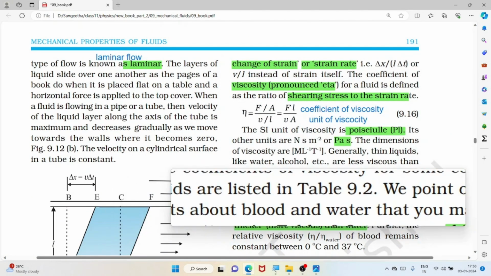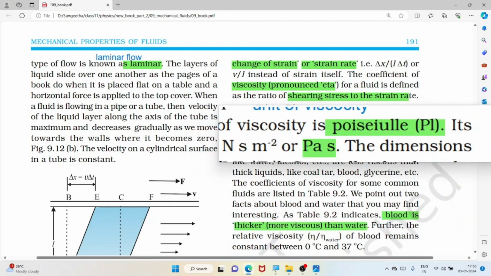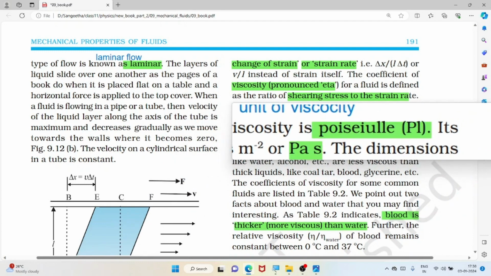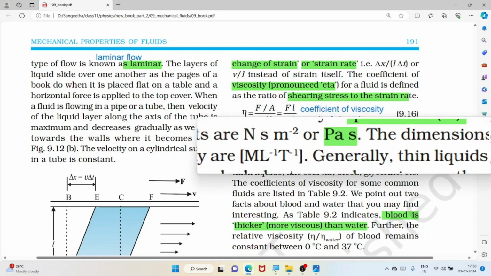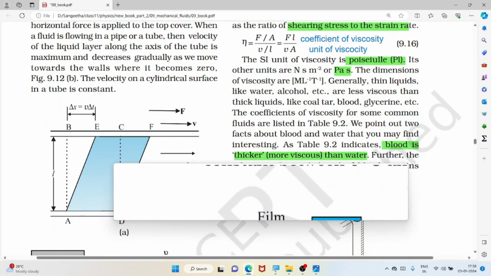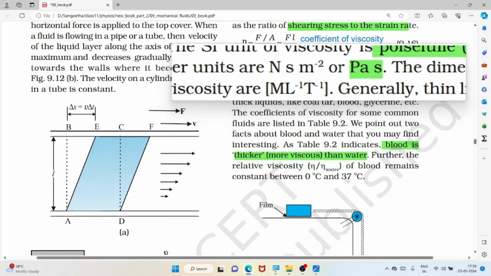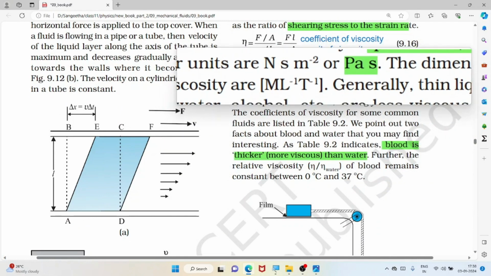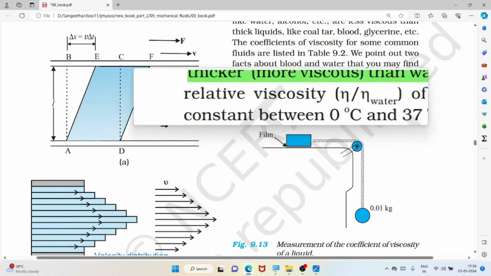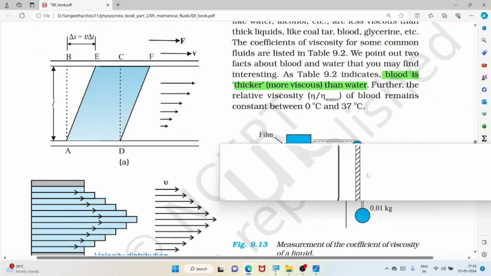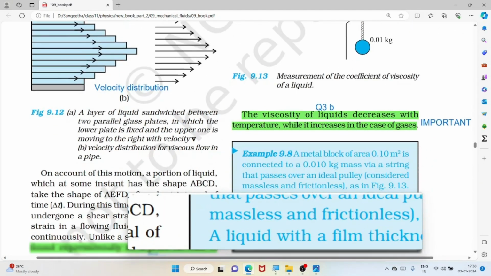Coefficient of viscosity formula. The unit of viscosity is Poise. In SI, it is Pascal second, that is Newton per meter square, then second. Blood is more viscous than water.